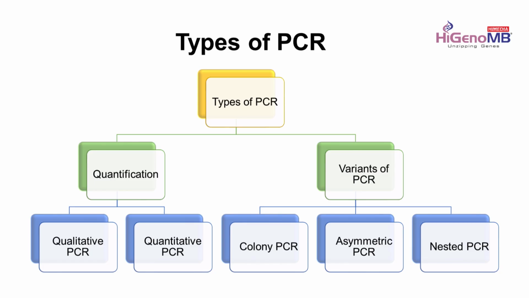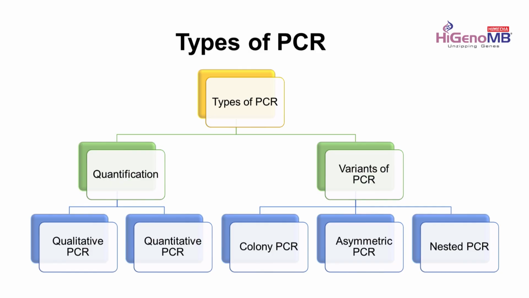Then for the rest of the cycles, from the 21st cycle to the 30th or 40th cycle, you use primers which are within the external PCR primers.